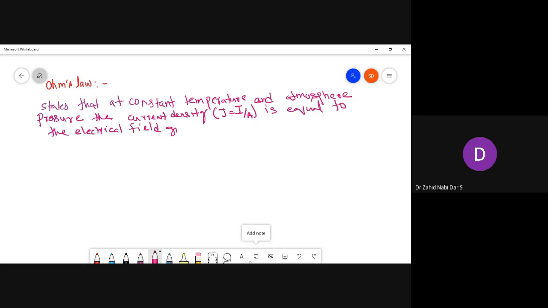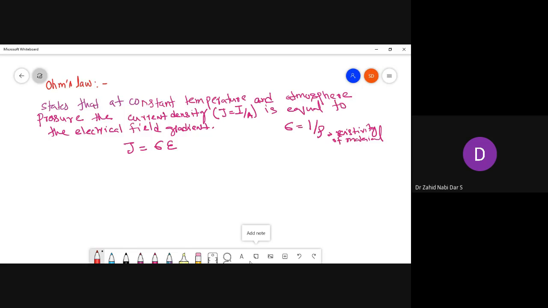So this is how an electrical engineer will define Ohm's law. That would mean J is equal to sigma E, where sigma is equal to 1 by rho. This is the resistivity of a material.